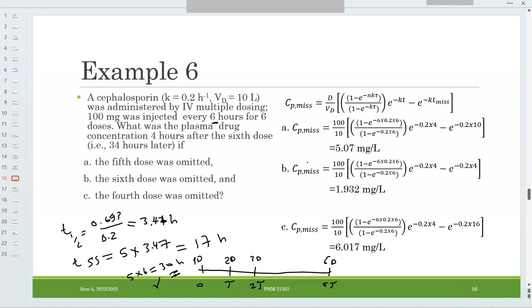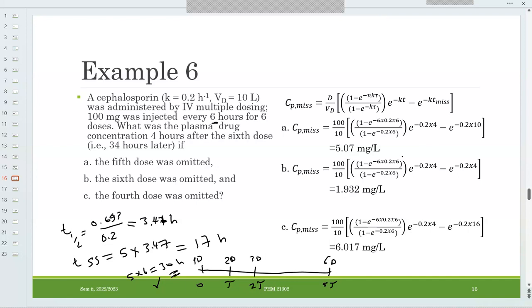Now if we apply this equation, the dose is 100 milligram, the volume of distribution is 10 liters as given, and the number of doses is always 6 in all the problems. The k is the same, tau is the same. So what will be the difference?